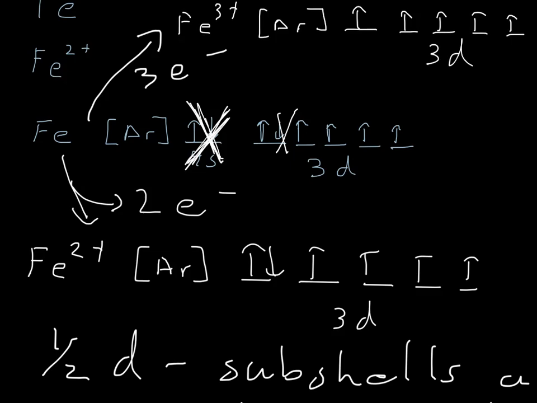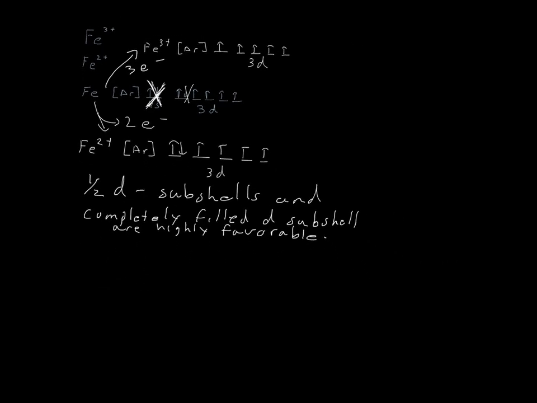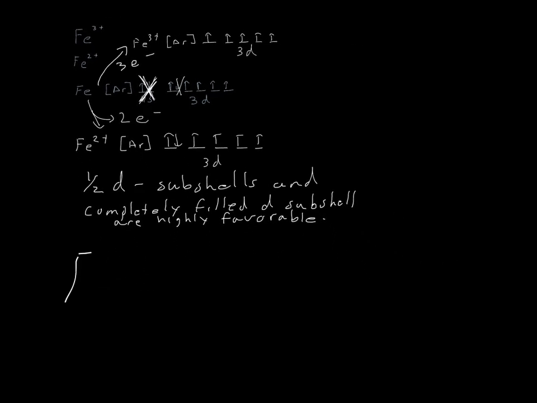So iron can actually develop ions of two possible charges, and does so: 2+ and 3+.